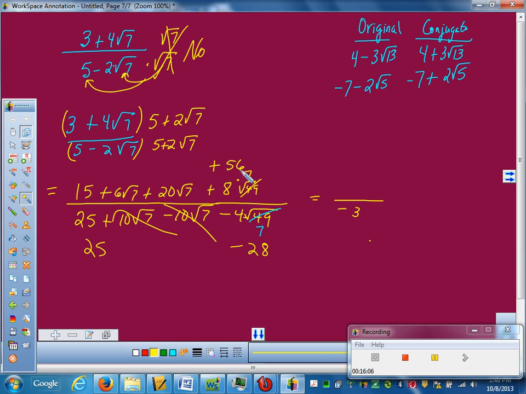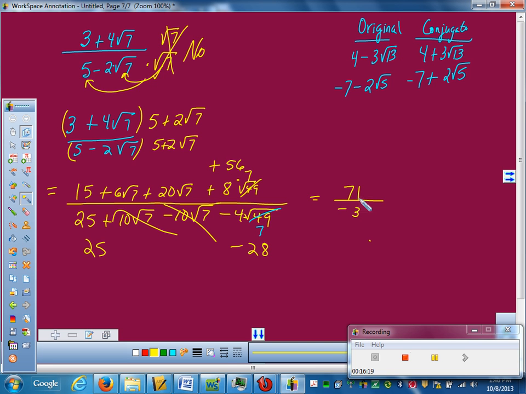Okay, so now if I combine like terms, what do I have? So 56 plus 15 would be 71. Okay, what about the inside? They did get to cancel here. Okay, it wants me to add them. So if I add them, what happens?